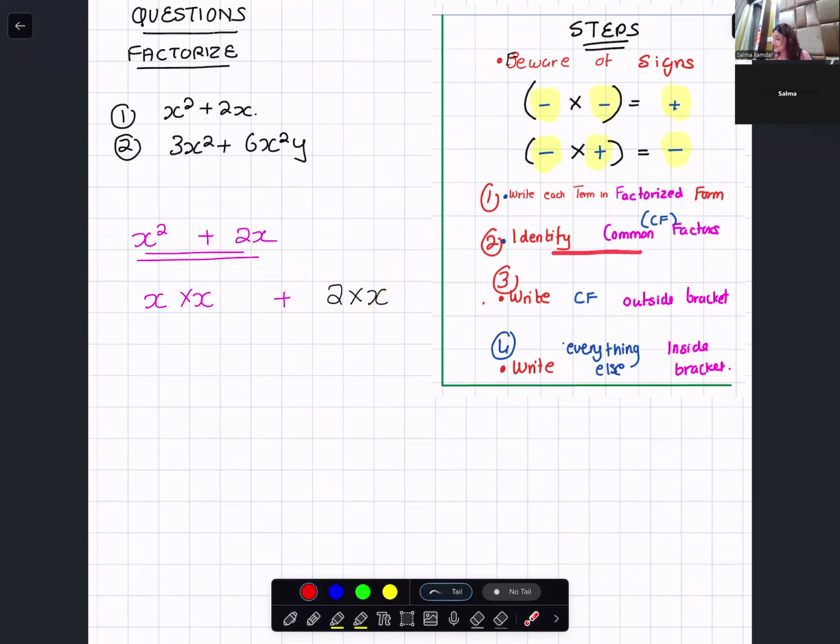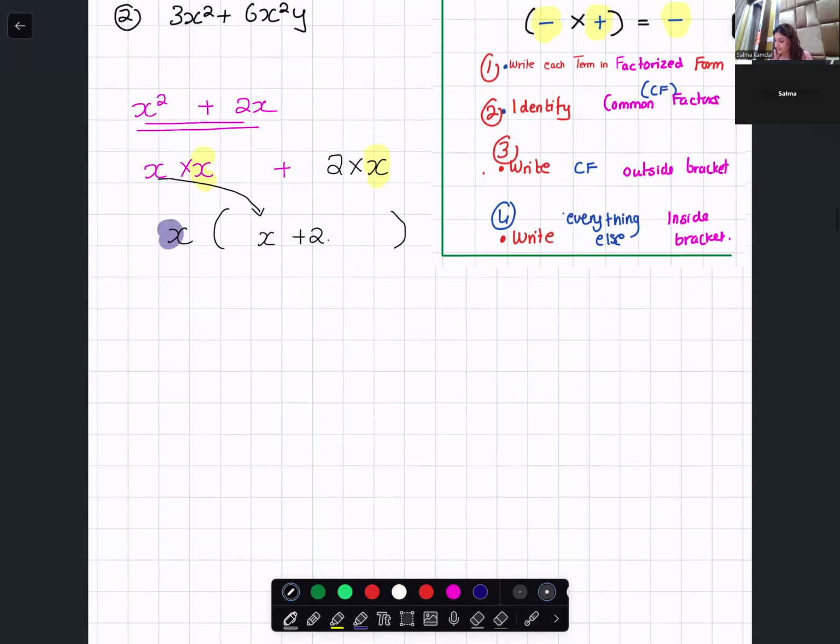Step 2, identify the common factor. So what is the common factor? x. The common factor is kept outside, and then you will make a bracket of everything else. Everything else would be x plus 2. Done.